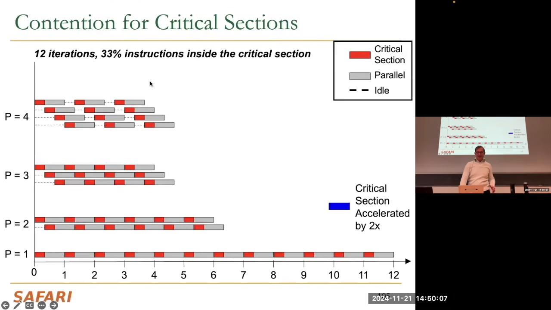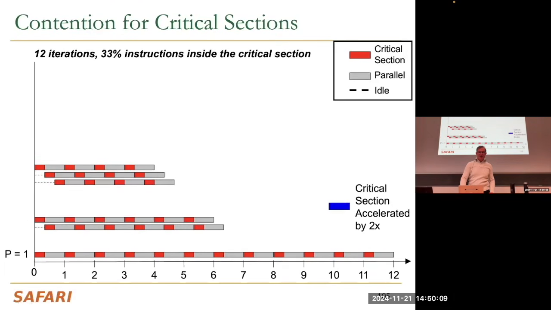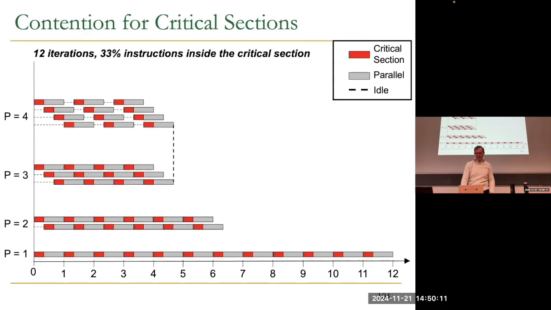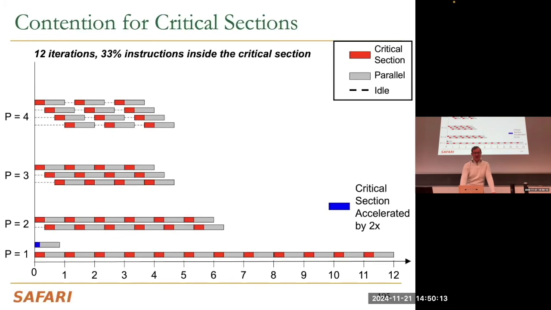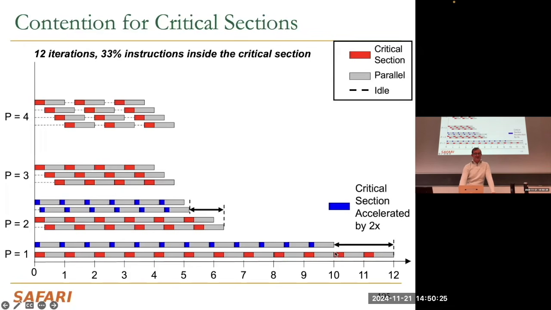So basically, if your performance is limited by critical sections, and if you accelerate critical sections, this is what would happen. With a single processor, let's assume you have some magic mechanism that accelerates critical sections by 2x. In a single processor, you get some performance gain, that's good. In 2 processors, you get some performance gain, that's good. In 3 processors, you get some more performance gain.